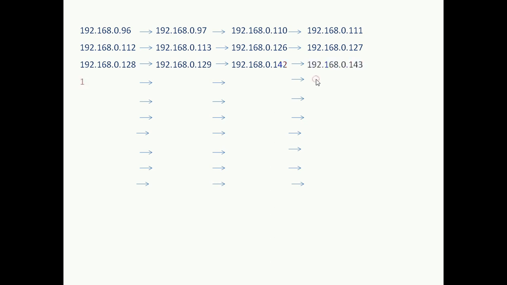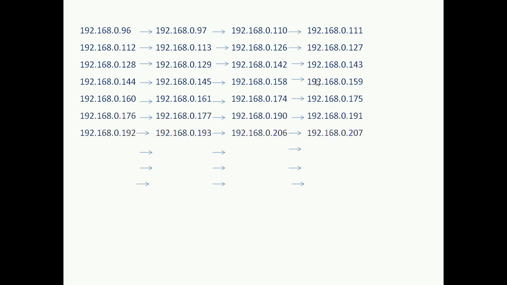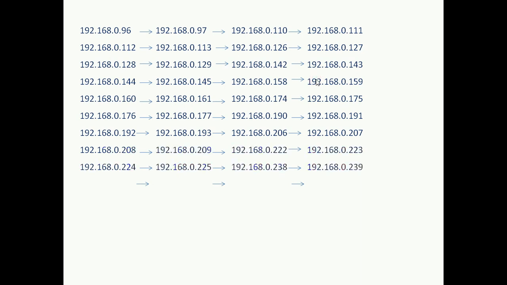You can use any of these ranges for your network if you require a limited number of hosts. This is the 192 network, this is the 208 network, this is the 224 network, and then the 240 network starts and ends at 255, and this will be the last subnetwork of your subnet.